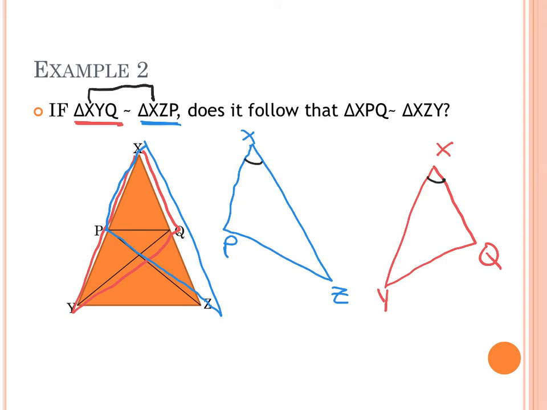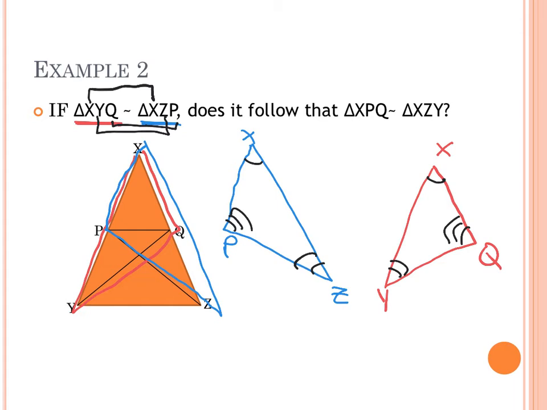And then I have angle Y is congruent to Z. And then lastly, Q congruent to P. Now, I don't know anything about sides yet, but because I know my triangles are similar, I already know that my sides are going to be proportional.